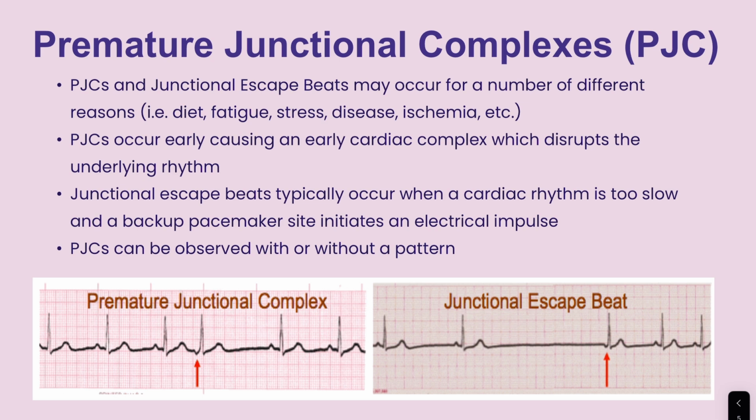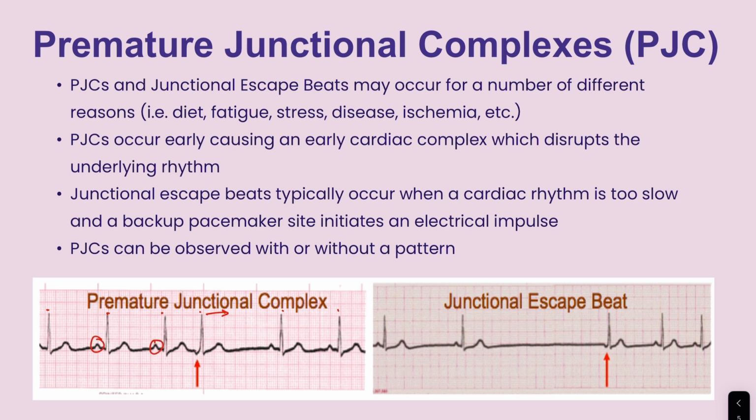So if we look at this first example, we have R to R to R. Here, these are clearly closer together, and then we resume this normal pattern. And again, if we were to scoot this guy over, we would have a normal regular rhythm. But it's arrived early in the pattern, and then we resume the pattern afterwards. Notice how this doesn't really have a P wave compared to the other ones.